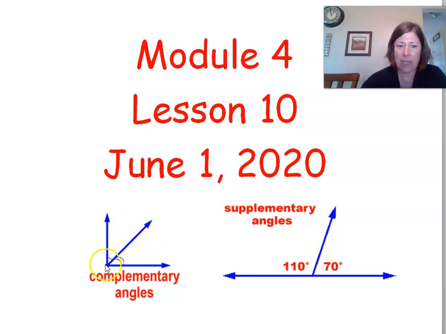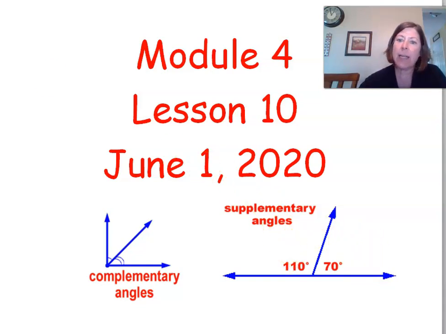They partitioned it, looks like almost in half. Then you're going to notice here, I have my straight line on the bottom, also called a straight angle. And then again, they used a ray to partition this into two angles.